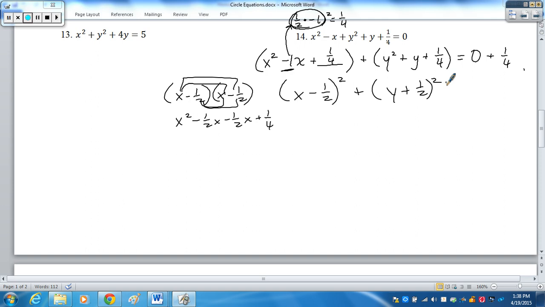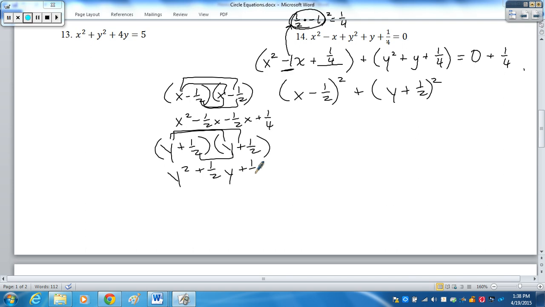Let me see here. If we do y plus 1/2 and y plus 1/2, you have y squared plus 1/2 y plus 1/2 y plus 1/4. So there's your plus y. Okay, and then you have plus 1/4. I guess I didn't have to do that. So in the end, the only thing we had to add to this side was the 1/4.